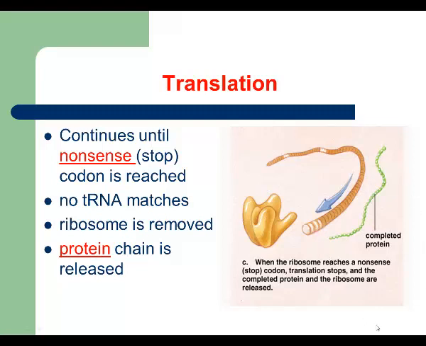If the cell needs to make another protein that is encoded by this messenger RNA, translation begins again. Then the ribosome will attach to the Shine-Dalgarno sequence, move to the start codon, translation begins from this point and continues until the ribosome reaches the stop or nonsense codon.